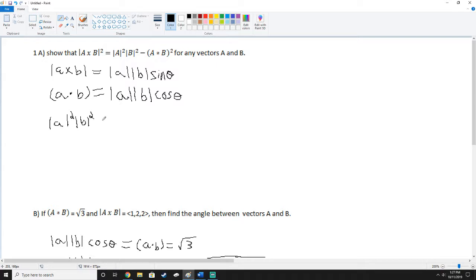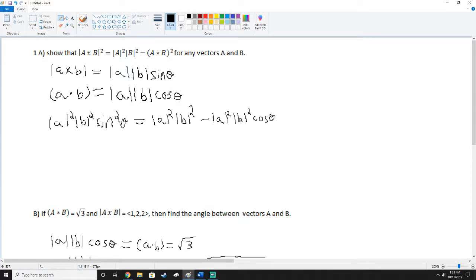And we get sine squared theta is equal to magnitude of a squared times magnitude of b squared minus magnitude of a squared and b squared once again times cosine squared theta.